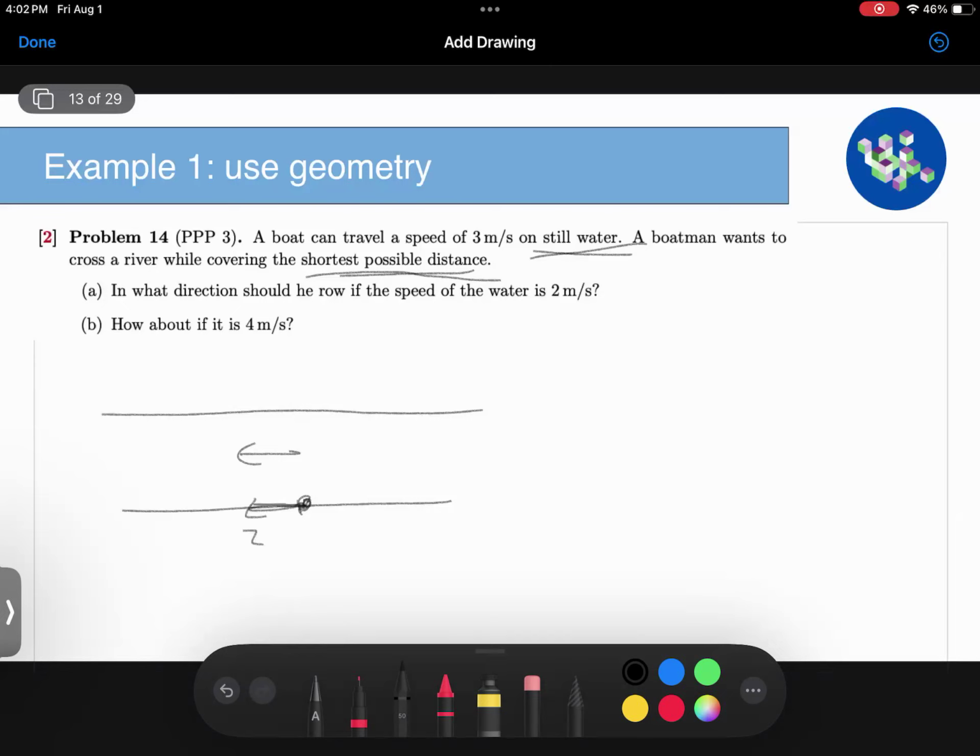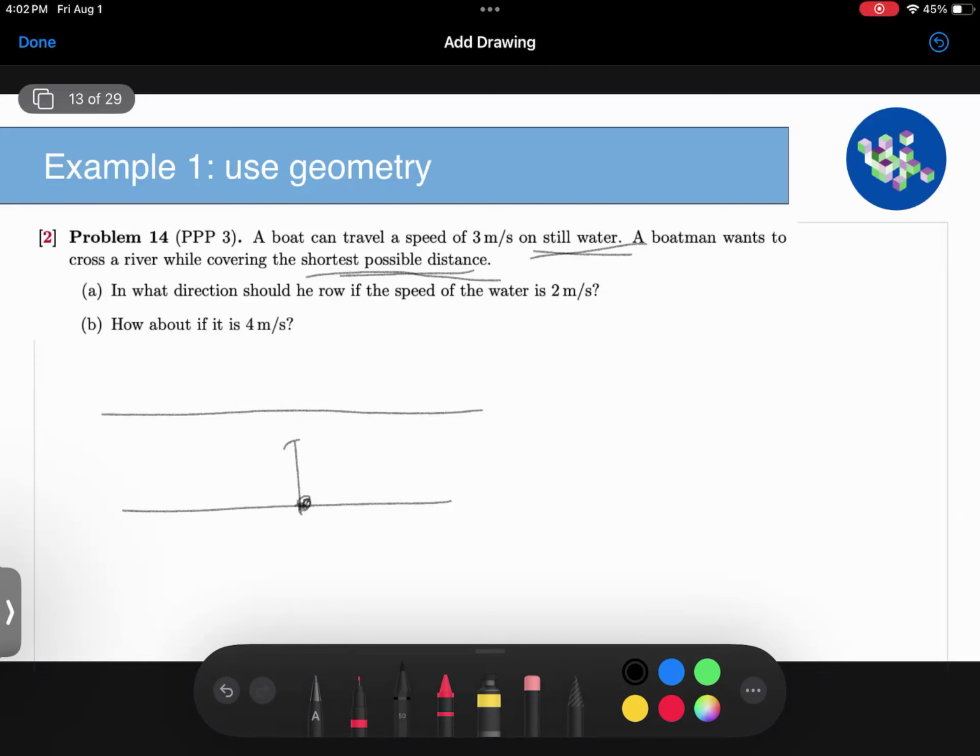This is 2, right? I want to make it so that if I add the two velocity vectors, the velocity vector of the boat if it was on still water and the velocity vector of the water, I want to add them together and make it perfectly vertical, right? And how does that happen?